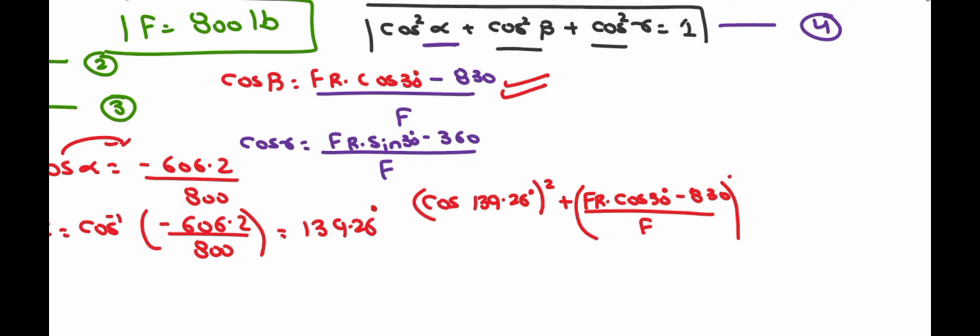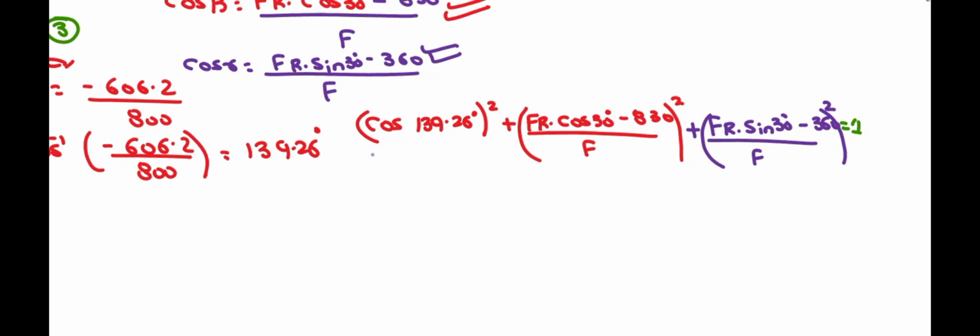And similarly, with positive sign, the value of cos gamma, which is Fr dot sine 30 degree with negative sign 360 upon F, whole square, which is equal to 1.